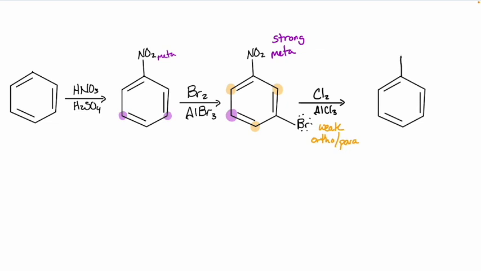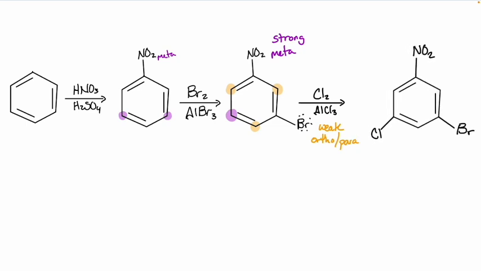Okay, so our final product, we'll have our bromine and our chlorine meta to that nitro group. All right, and again, the whole principle here is that stronger will win.